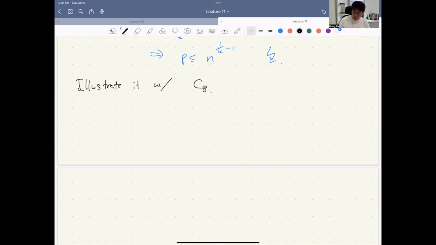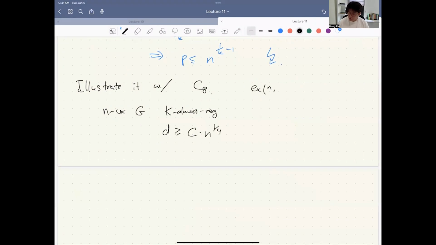All right, so we have an n-vertex graph G, K almost regular, and the average degree is at least C times n to the 1/4. You need to prove this, right? Some constant times n to the 1 plus 1 over 4. So the average degree is more than n to the 1/4. The edge density is the average degree divided by n, C times n to the negative 3/4. We need to embed C8.